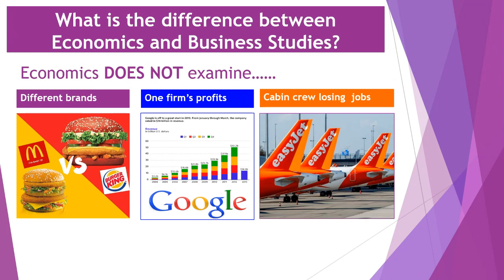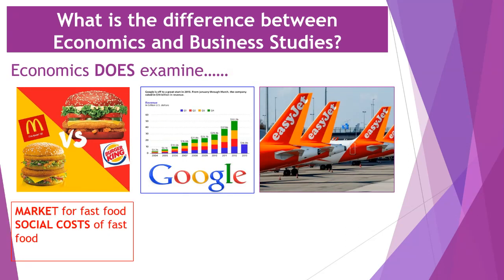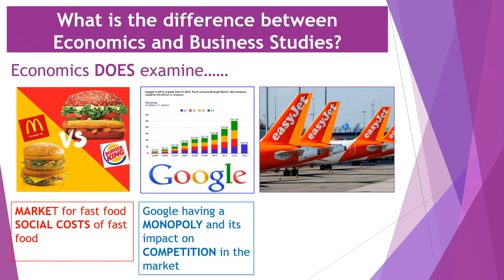We don't look at individual firms. We look at a bigger picture. We sort of put them all together. So rather than looking at Burger King versus McDonald's, we'll just look at the market for fast food, with the growth in fast food. What are the social costs for fast food? Does that impact on the government? Rather than looking at Google, we look at the market structure. So we look at monopoly and we look at competition.